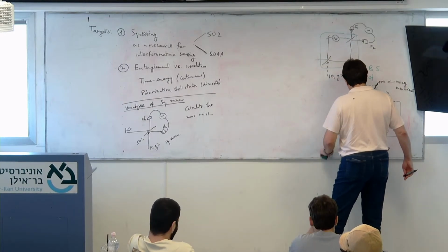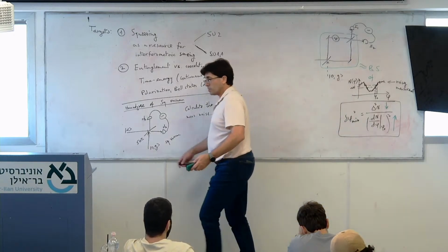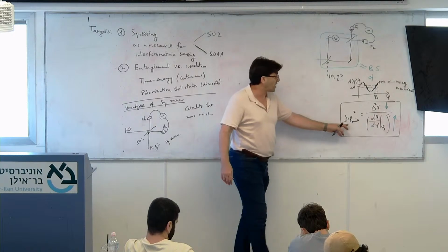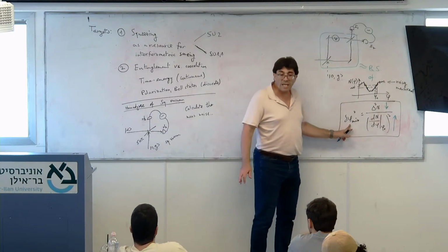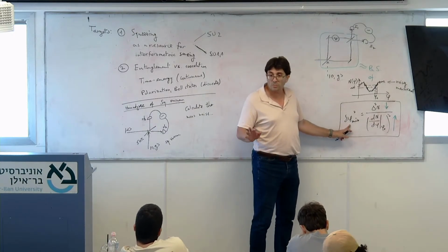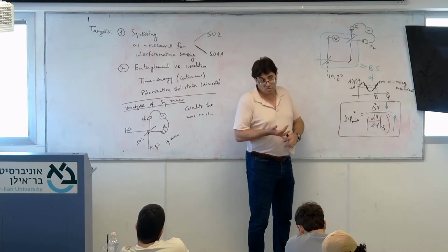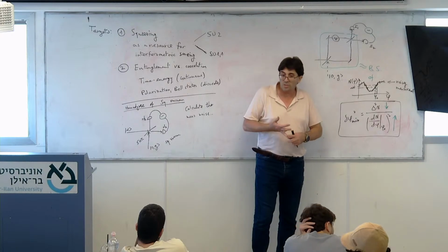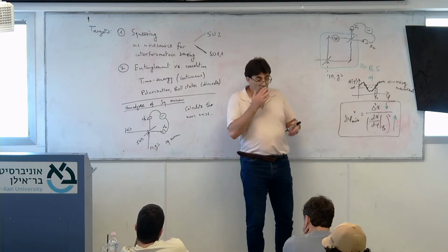I should say, however, that this is very general. No one said that this has to be a phase. It can be any parameter that you want to measure. It can be temperature, absorption, whatever it is.